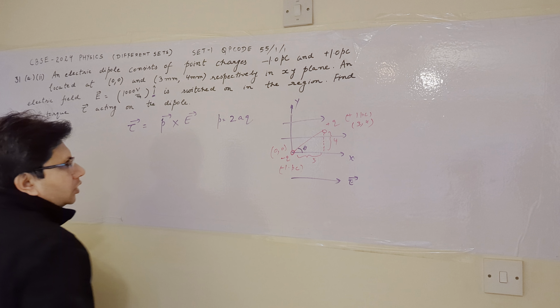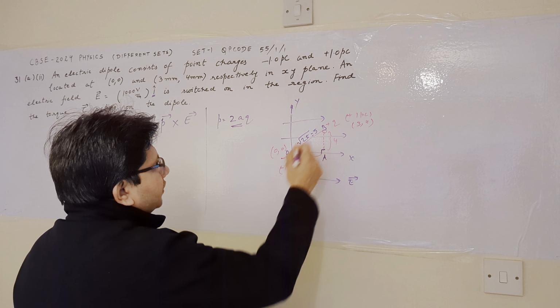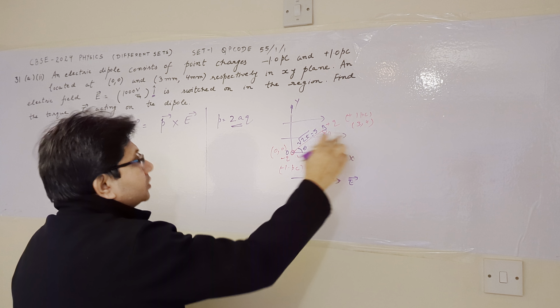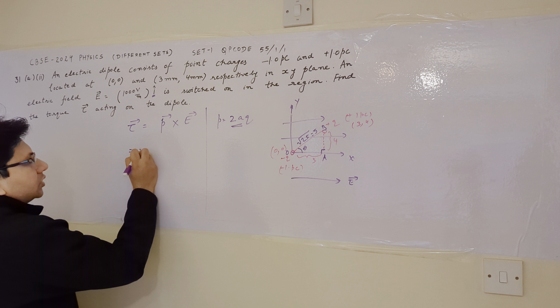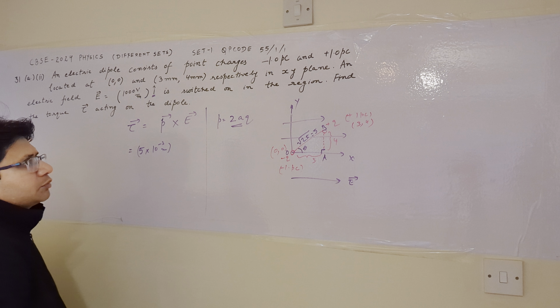So the length of the dipole is 5 mm, because the location is given in millimeters. So the value of P is 2a, which is 5 mm, meaning 5 into 10 to the power minus 3 meters, times q.